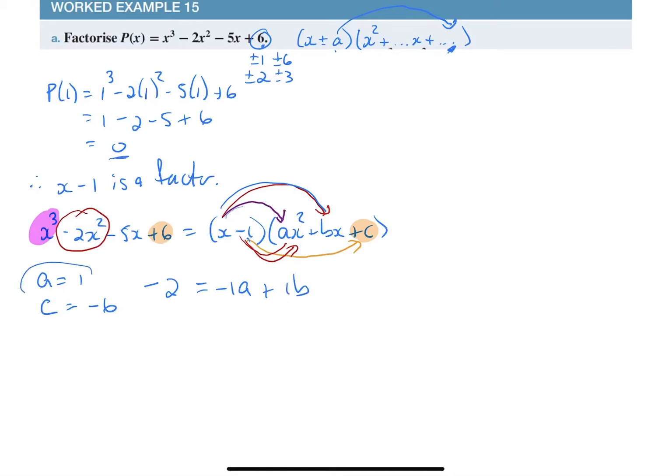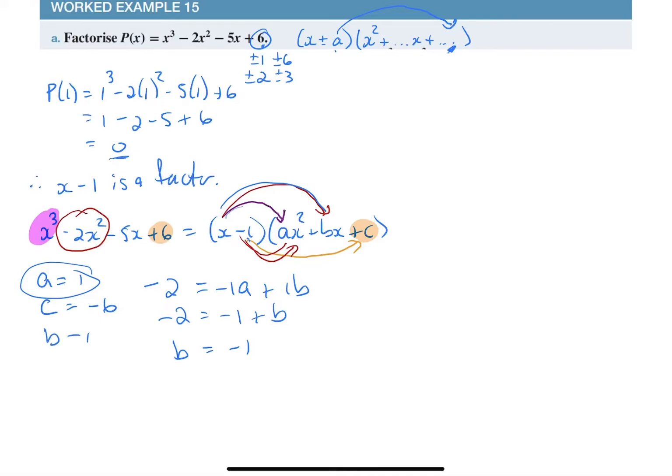I already have a value for a. A is 1, so this is going to be minus 2 equals minus 1 plus b. Then b equals, take 1 to the other side, becomes plus 1, so b is going to be negative 1. And I've got c, so b equals negative 1.